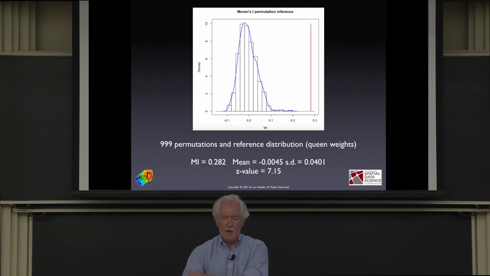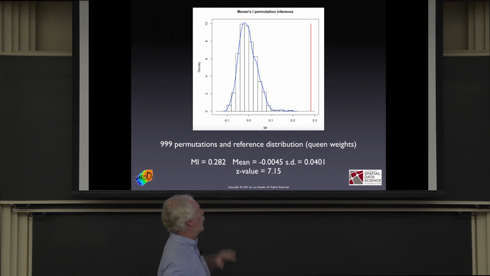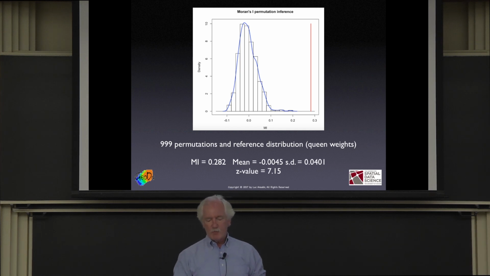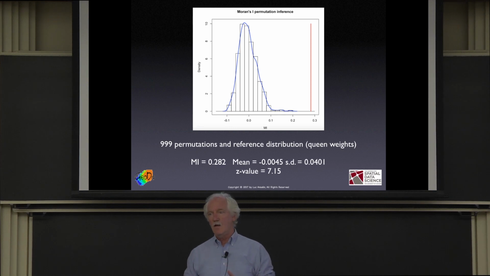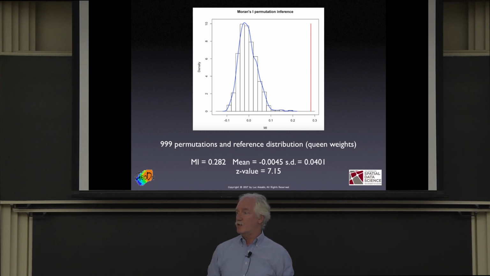And so in our example, same example, the blue curve and the histogram that's behind it is what we get for Moran's I for 999 randomly permuted data sets, because we compute something called a pseudo p-value. And it's not a real p-value.